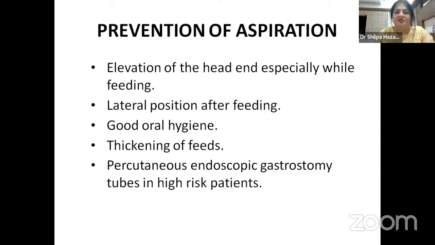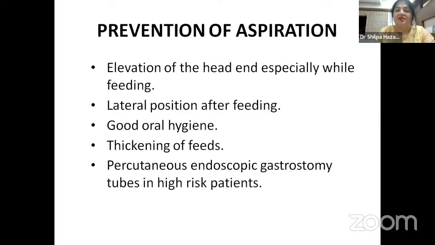Thickening of feed, as per the recent guidelines, is the most important point, and actually the latest recommendation. In fact, continuous elevation of the head is not being recommended now.